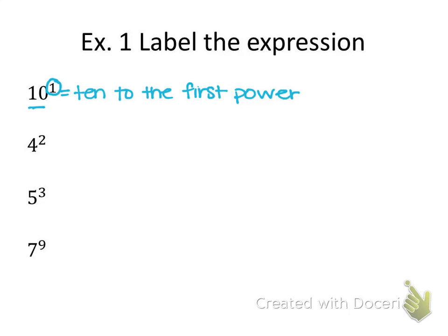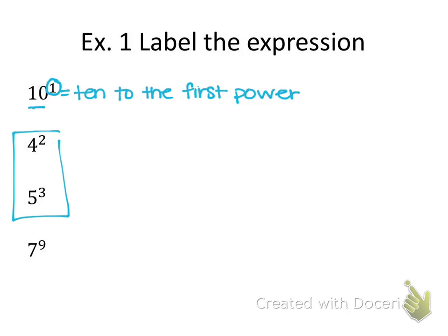Now, the next two problems is what I really want to focus on, because these are the only two powers that actually have nicknames. We could read that 4 to the second power or 5 to the third power, but they are more familiarly called 4 squared and 5 cubed. The easiest mistake that people make is they get squared and cubed mixed up.